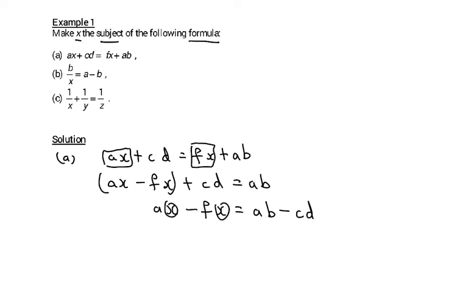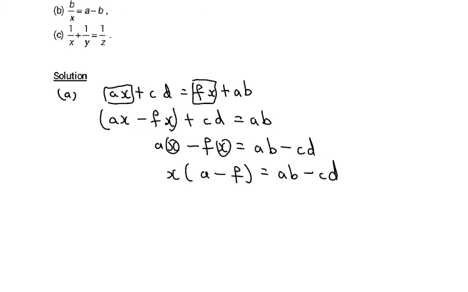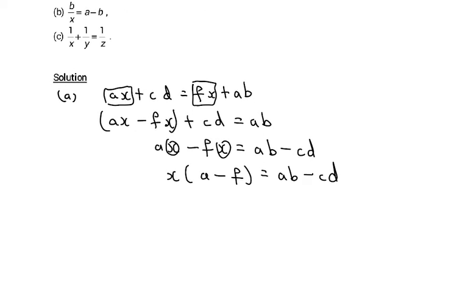Now I need to isolate the x term. So what I do is that I can bring out common factor x, and I'm left with A minus F. So now I treat A minus F, this bracket, as a single number. Alright, let's assume that this bracket is 5. So to get rid of this bracket, I must divide both sides by the whole bracket.